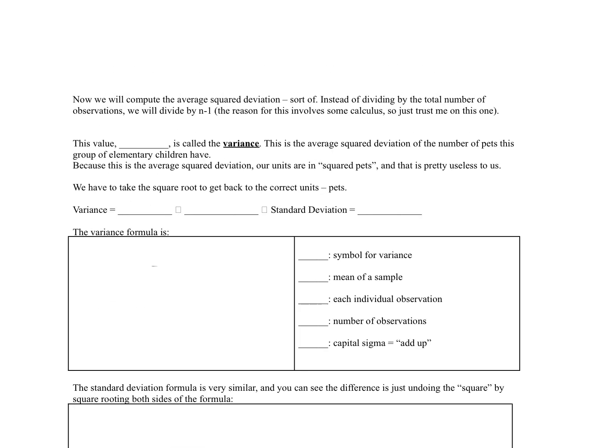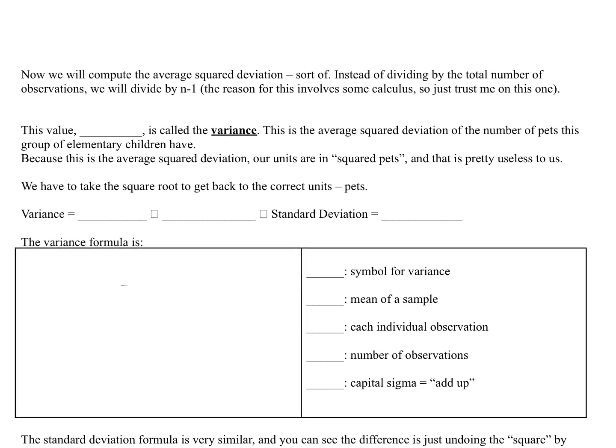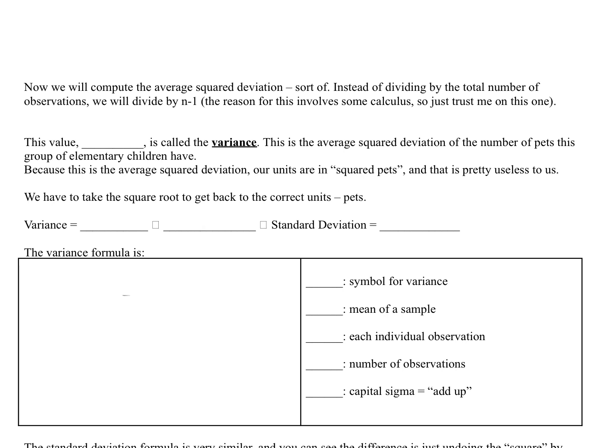The next step in calculating standard deviation is to find the average squared deviation. So the first step is to add all of those squared deviations together. So we're going to get 52. Depending on what you do next changes whether you're finding sample standard deviation or population standard deviation.